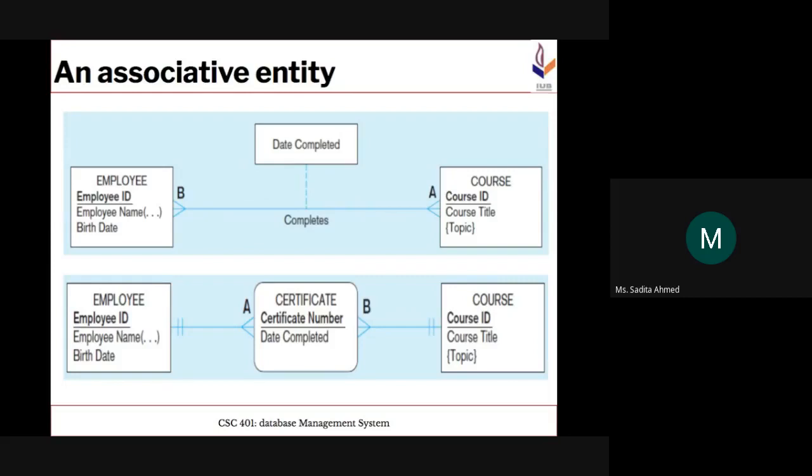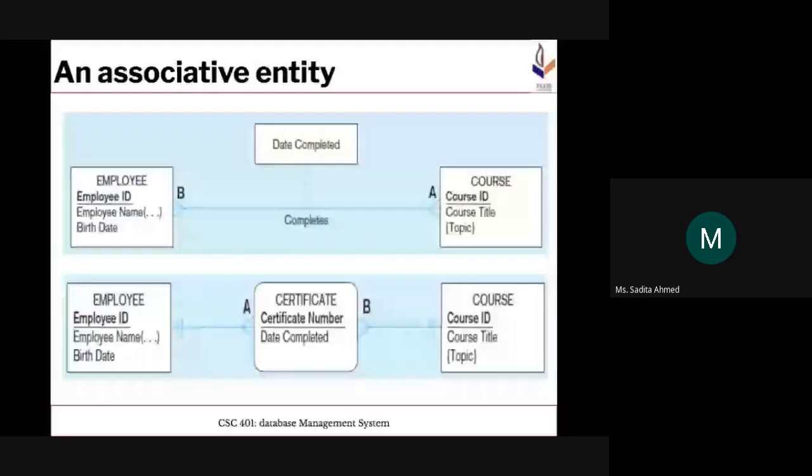Is it for the relationship when an employee completes a course? Or is it for a relationship when an employee teaches a course? Which one? Teaches, registers or completes? I won't understand. So you cannot use vague names for your project. When you create your ERD, you must use names that are specific. However, for the exam, midterm exam, final exam, you don't even need to bother with the name of the relationship.